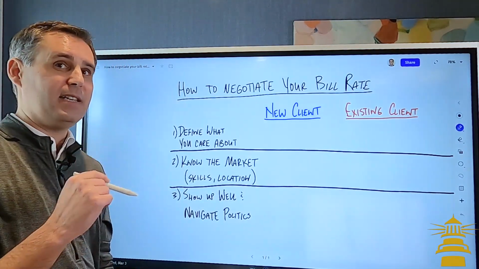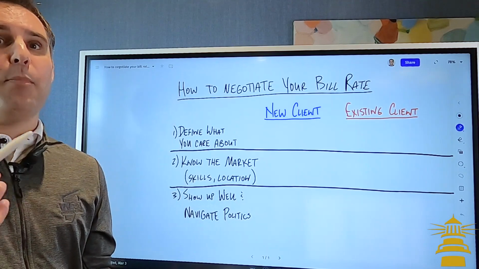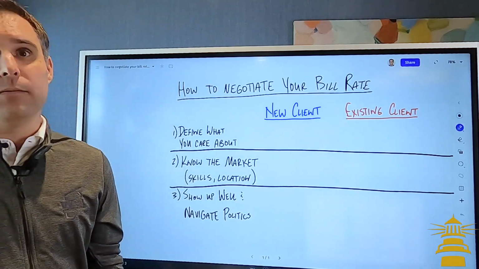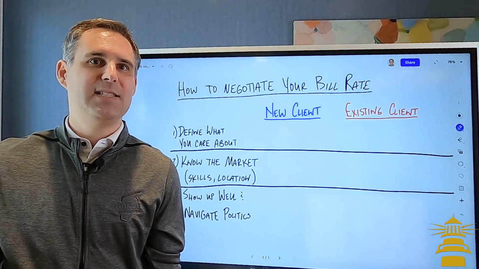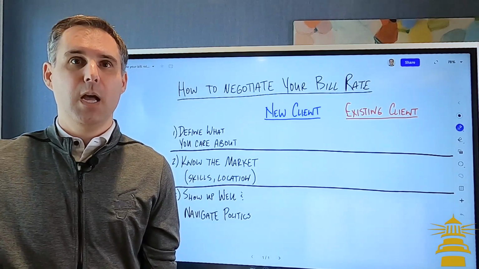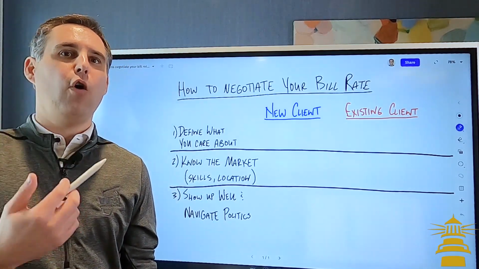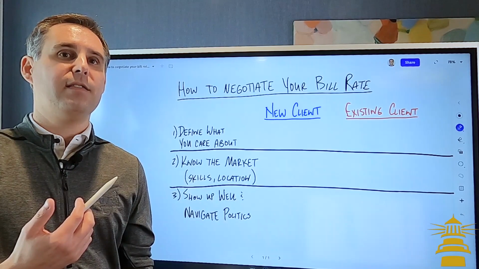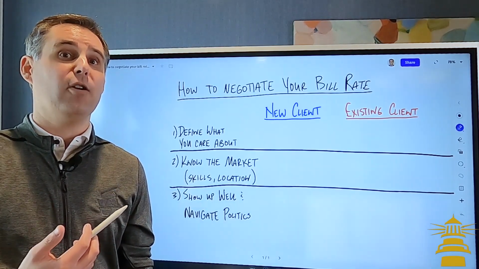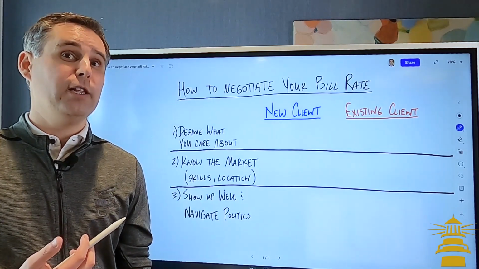So the first thing is this: step all the way back. We all want more money. That's stating the obvious. But you need to step all the way back, and you need to think about what you really care about. Are you really driven by money?